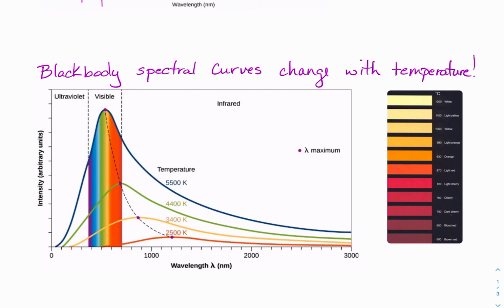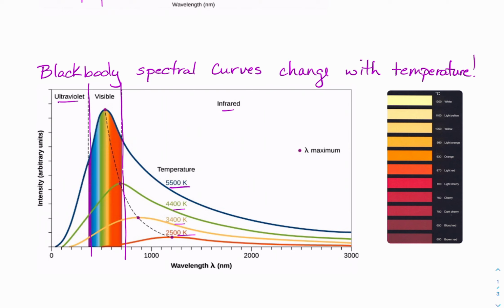We still have the same idea here of visible light in this little section, ultraviolet light to the left and infrared light to the right. And we have 4 different curves on here: one at 5,500 Kelvin, 4,400 Kelvin, 3,400 Kelvin, and 2,500 Kelvin.